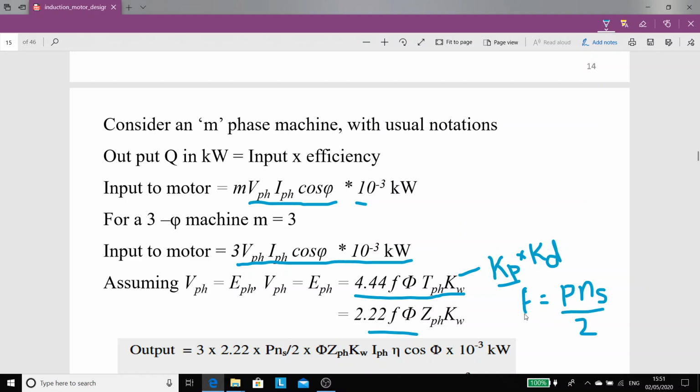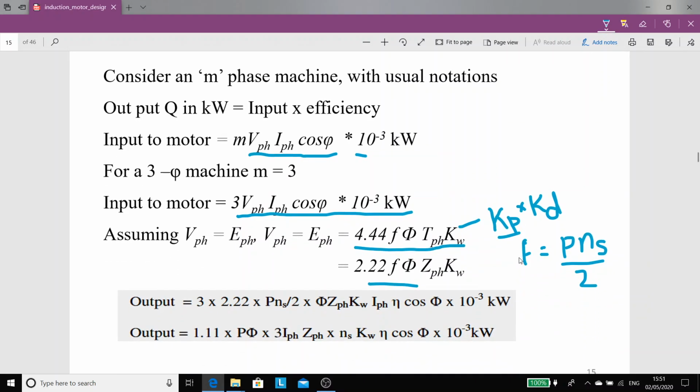So this is the equation for frequency. And from where it comes, we know the synchronous speed equation, ns equal to 2 times frequency by number of poles. So from the same equation here we calculate frequency, and then we put this value in the equation.